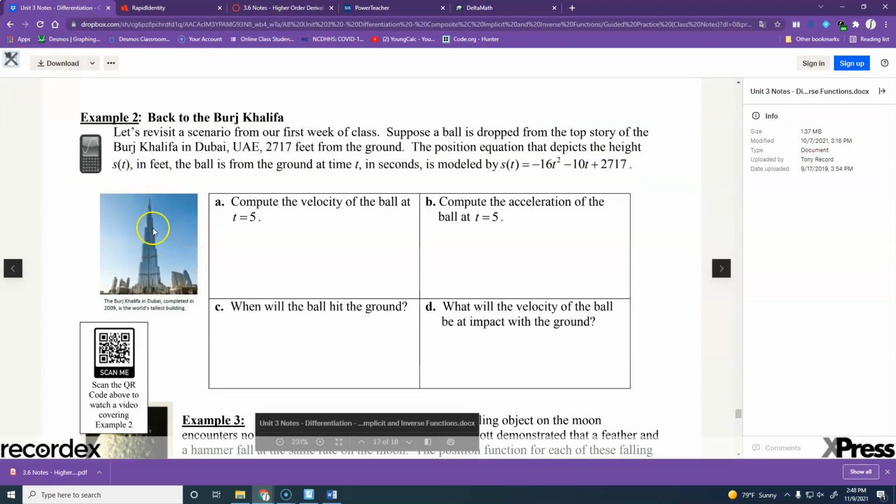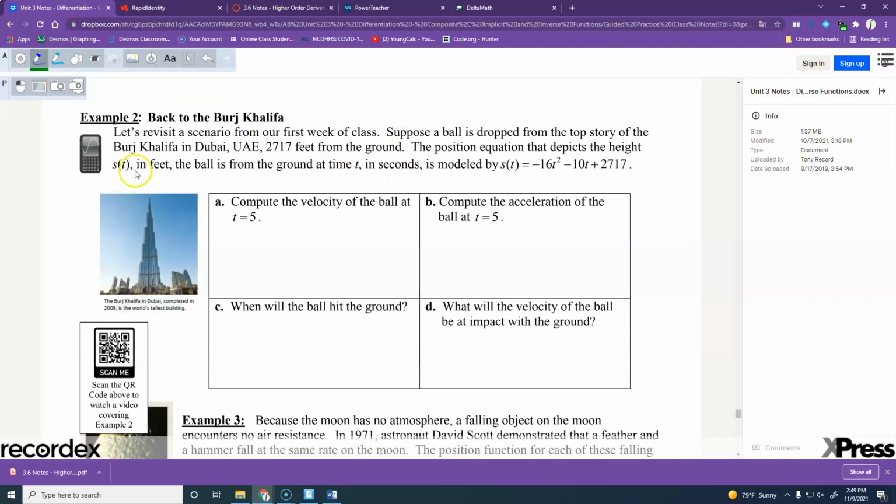Okay. So, how do you pronounce that? Burj Khalifa. Khalifa. Yeah. All right. So, anyway, tallest building in the world in Dubai.